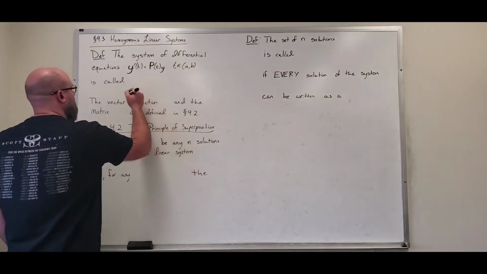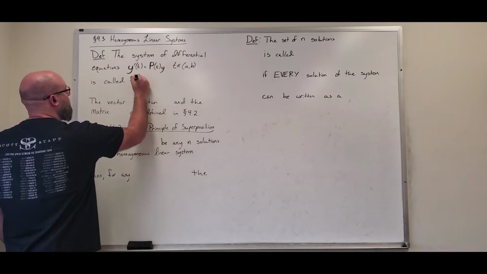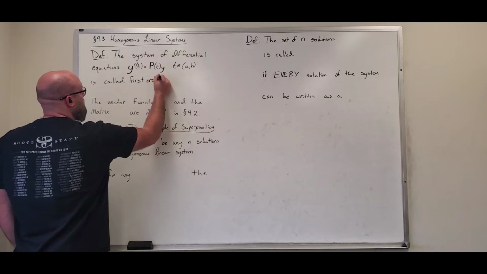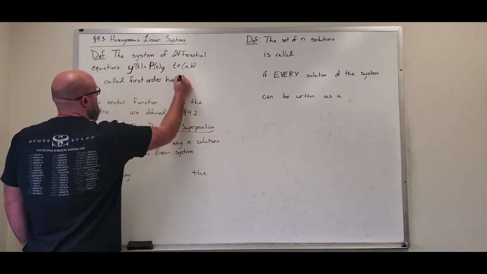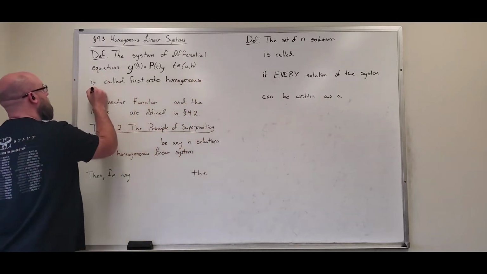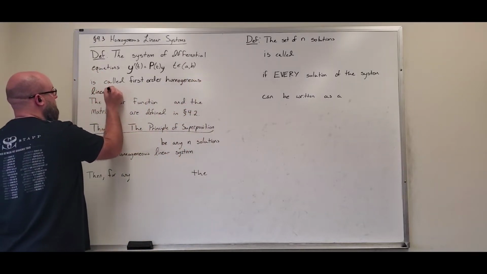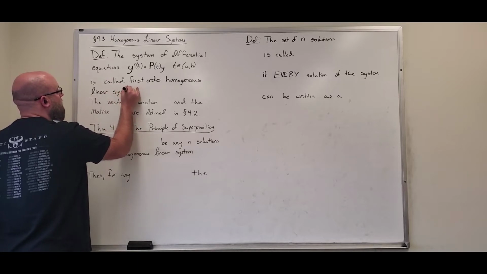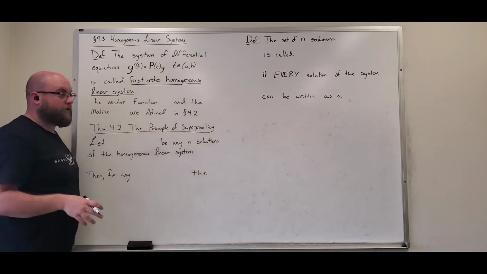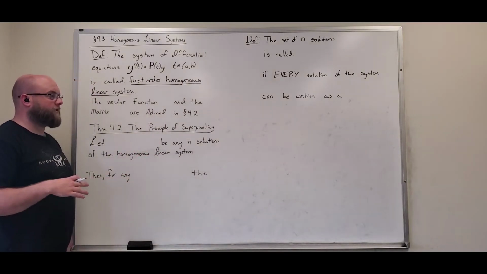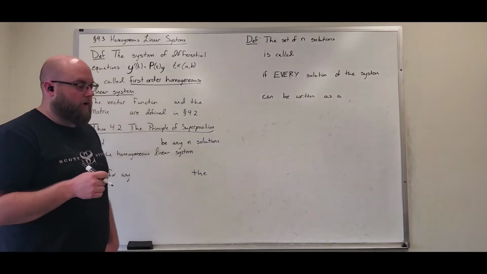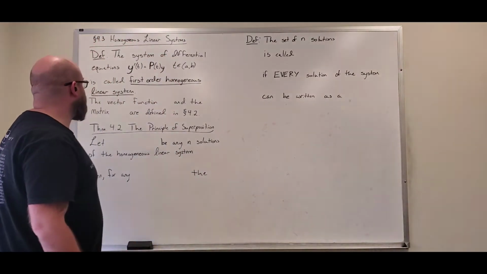Let's be a little bit more precise with that: it is a first order homogeneous linear system. In chapter 4, we're just dealing with first order homogeneous linear systems. So everything is going to be of the form of the first order for that part. All right, so that's our basic definition here.